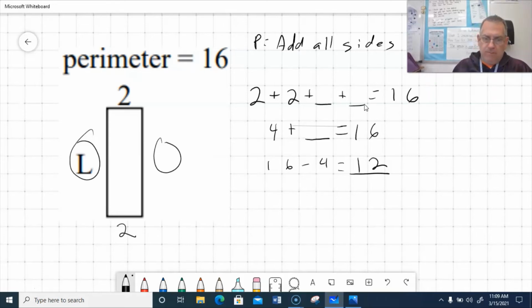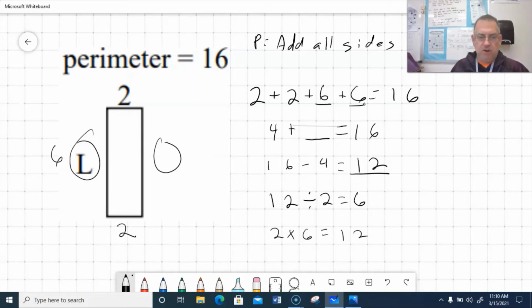We're going to have to do 12 divided by 2 is going to equal what one of the sides is. And I know that 2 times 6 equals 12. So that means 12 divided by 2 is going to equal 6. So that means I can put 6 right here in these blanks. So this side is going to have a length of 6.